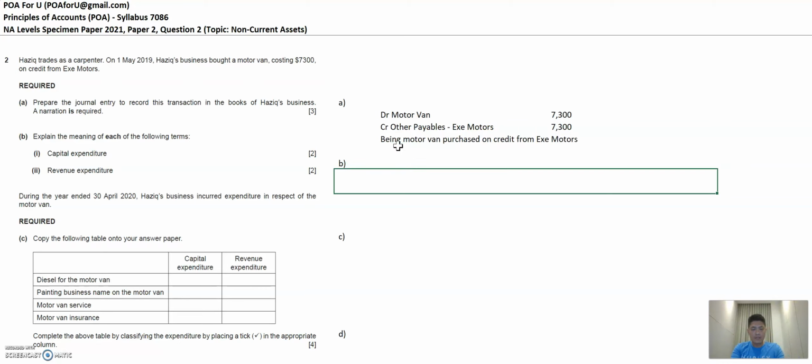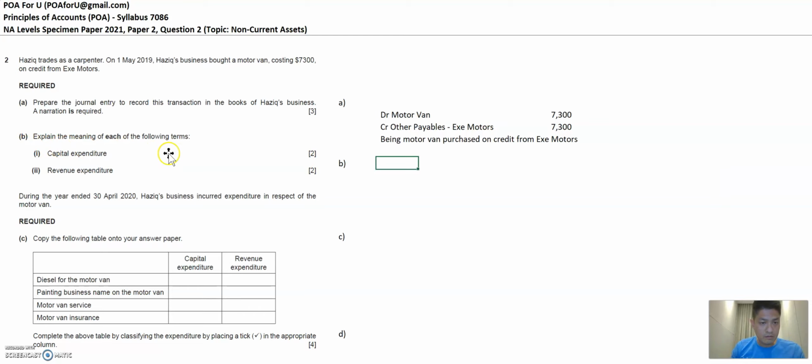Okay, great. Now, the second part asks us to explain what's capital and revenue expenditure. Basically, capital expenditures are expenses, or money you use to buy something that is more long-term in nature.